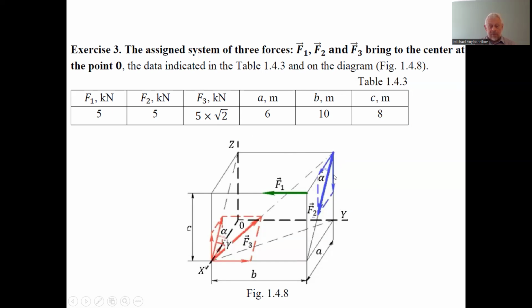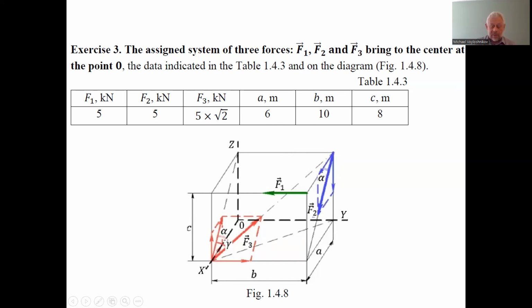F1 we have here, F2 we have here on the diagonal of the right rectangle perpendicular to the y-axis. And the sizes of the projection parallelepiped are: A is 6 meter, B is 10 meter, C is 8 meter.